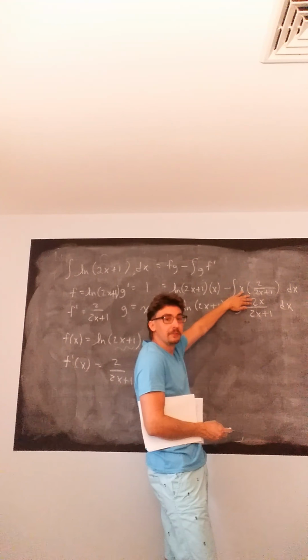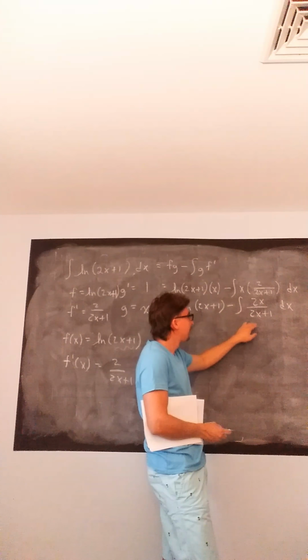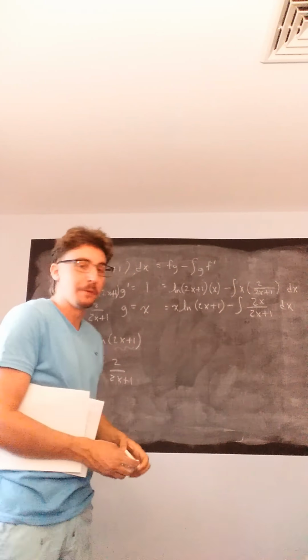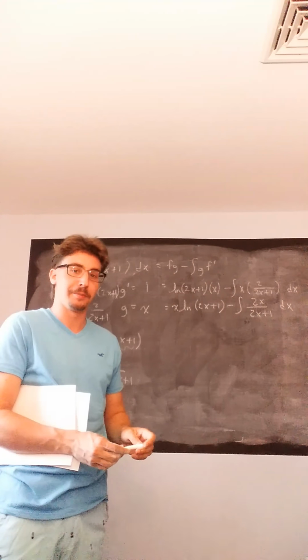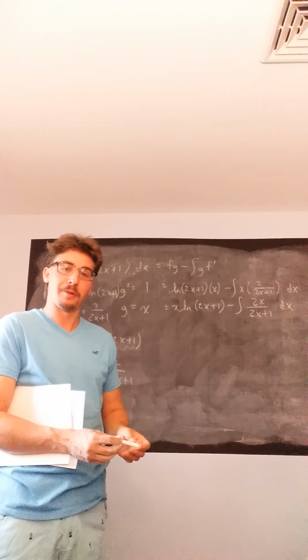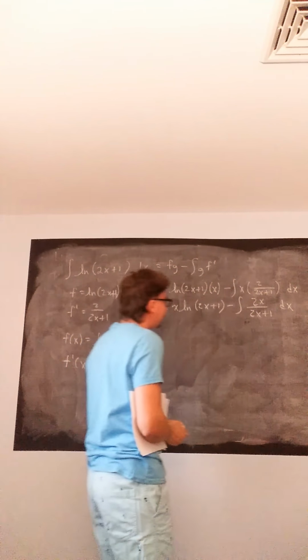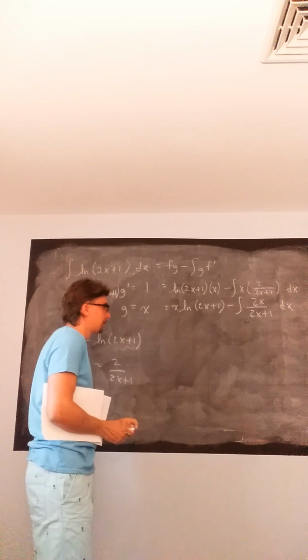If you pick u to be 2x or you pick u to be 2x plus 1, you're not going anywhere. So I have to attribute this trick to my Calculus 2 professor at King's College. I'll shout out to Dr. Ohashi from King's College. He would say that we need to use a slick trick here in this case, and that's exactly what we're going to do.